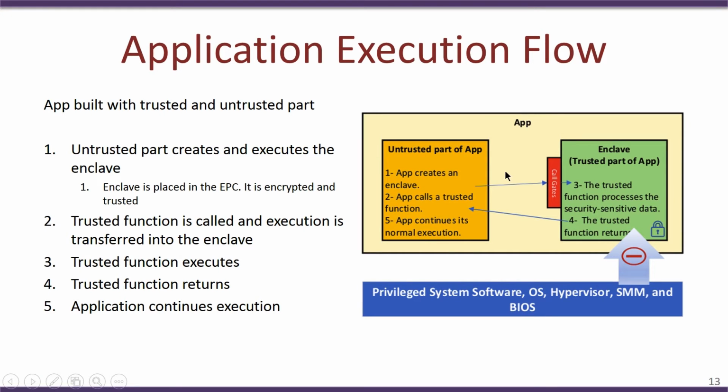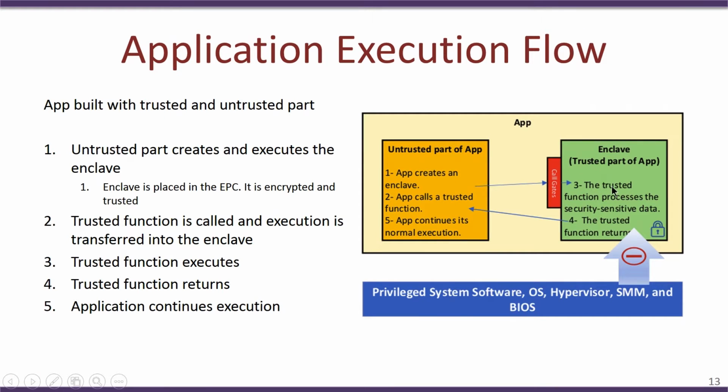In order to incorporate SGX in an application, the application would first need to create an enclave. The application would typically run in untrusted mode, and when the application needs to call a trusted function, there is a switch from the non-enclave mode into the enclave mode.